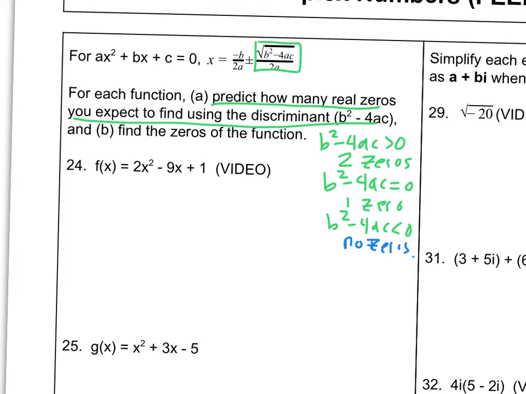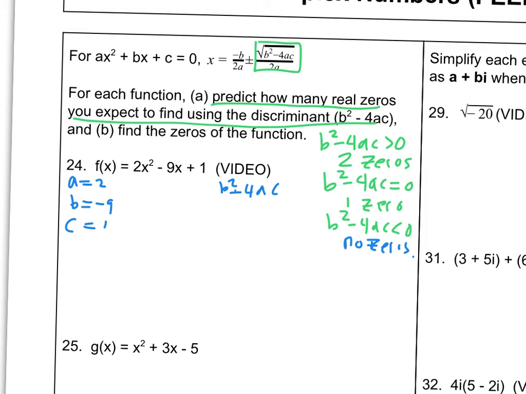Okay, first one, we've got 2x squared minus 9x plus 1. Quickly, 2 times c is 2. Nothing 2 can ever add up to negative 9, so this is not factorable. Expectation is probably that most of these are not factorable. So I've got a equals 2, b equals negative 9, c equals 1, b squared minus 4ac, just to check at the beginning.